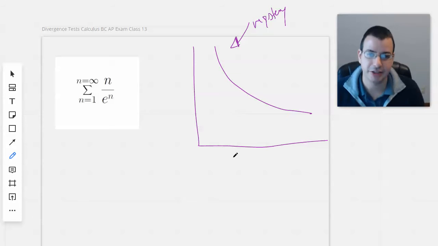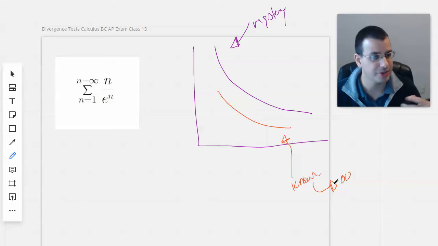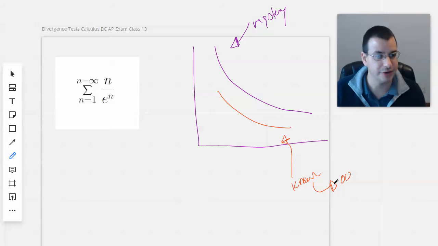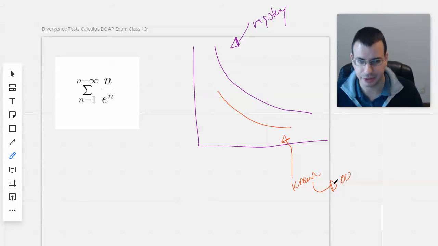The idea is, if you have a known function less than this one, and this known function is infinite, then something that's bigger than this infinite known function will also have to be infinite. Seem reasonable?